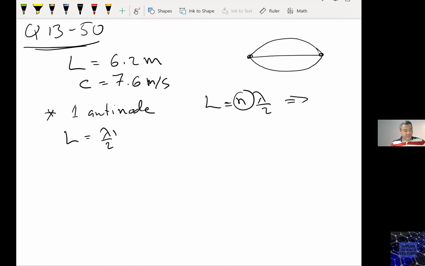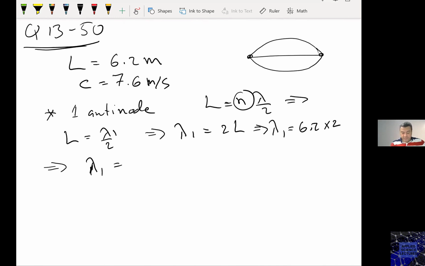And then we call this one lambda 1, then lambda 1 becomes 2L, 6.2 times 2, which means lambda 1 equals 12.4 meter.